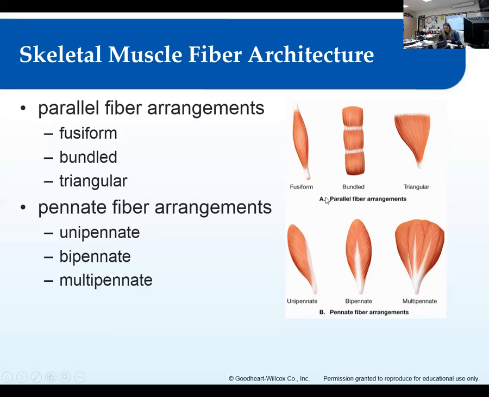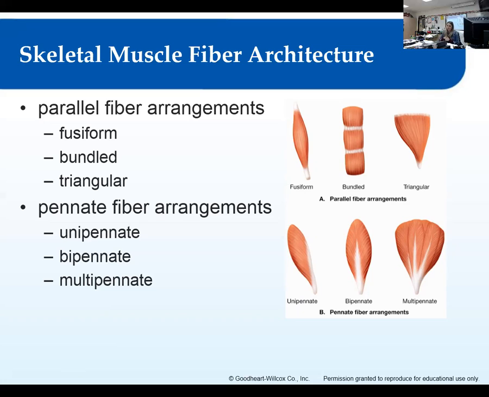Okay, pennant fiber arrangement says these attach obliquely. It doesn't necessarily shorten as much, but it can hold more fibers. So that's something to note as well. Each fiber attaches obliquely, so it can go sideways. It attaches to the side of a tendon, if you will. Think of it that way.